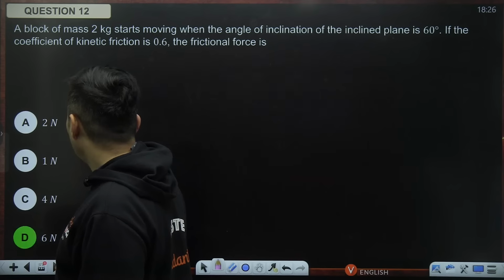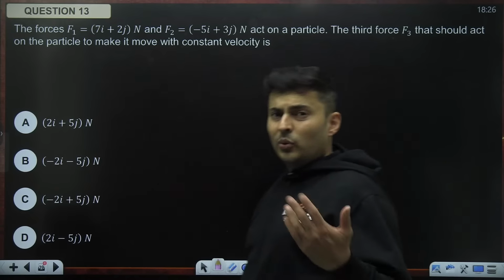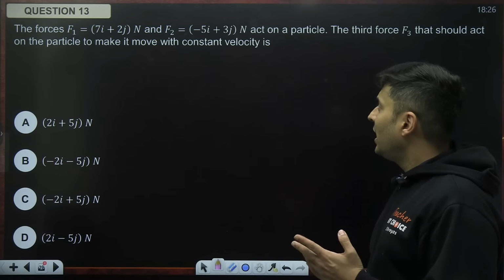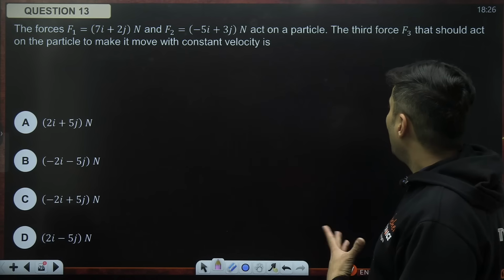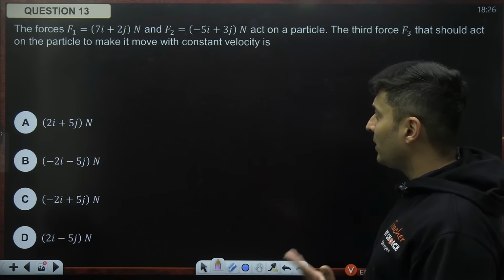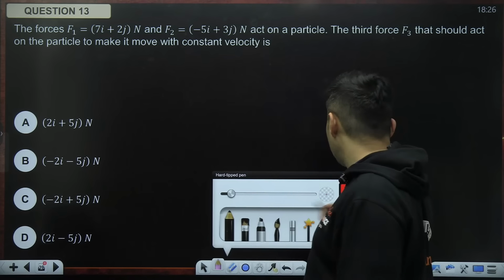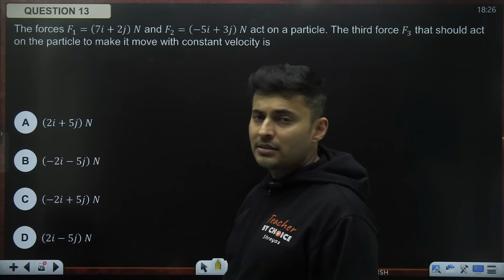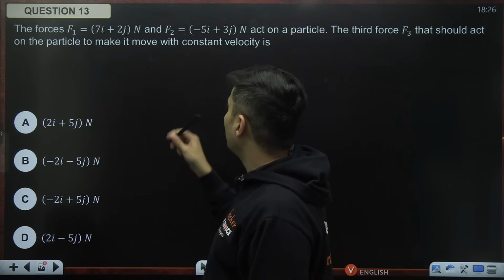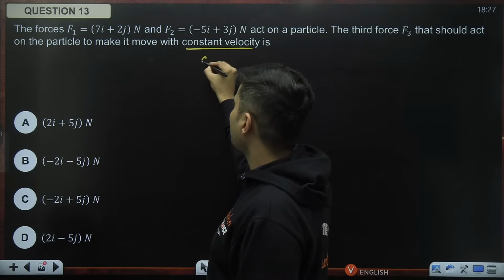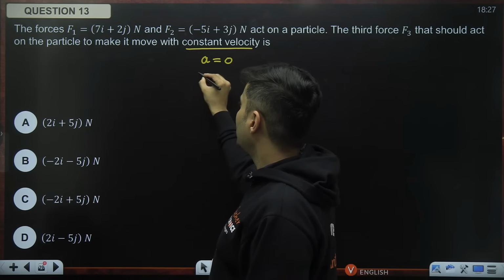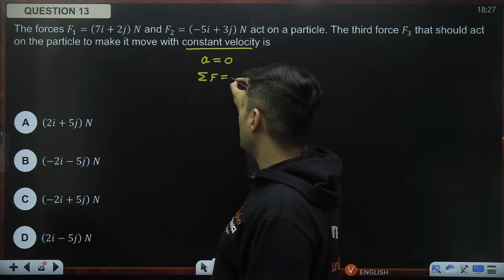Moving on to the next one. The forces 7i + 2j and -5i + 3j act on a particle. What third force should act on the particle to make it move with a constant velocity? See, constant velocity means acceleration must be 0. That means the net force should be 0.